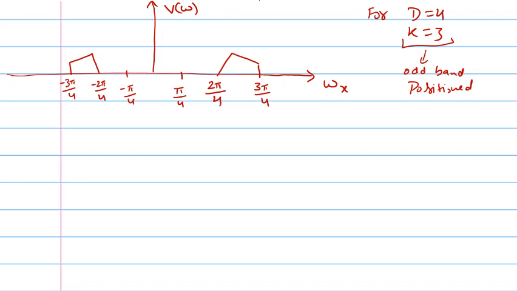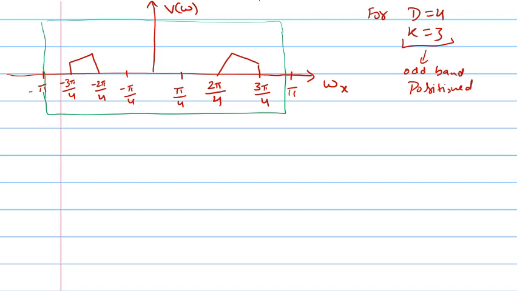Now one more thing you should keep in mind. This is a DTFT, and the DTFT is not confined from minus pi to pi. Even this has a periodic repetition within the band of 2 pi.